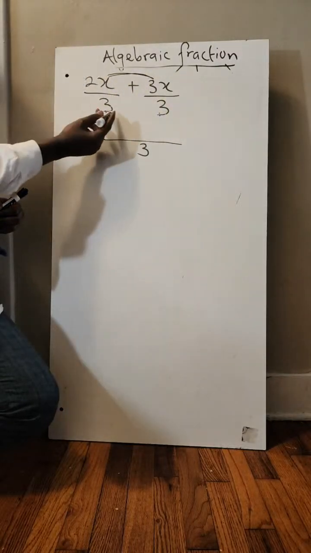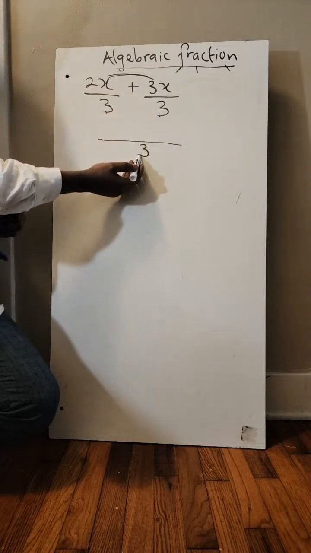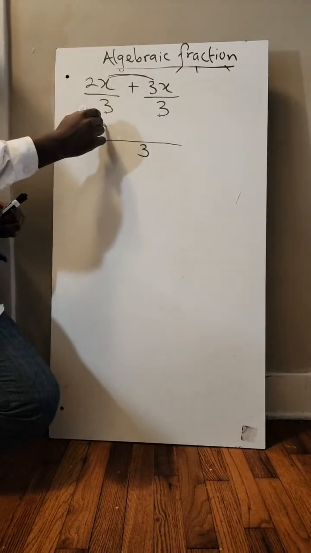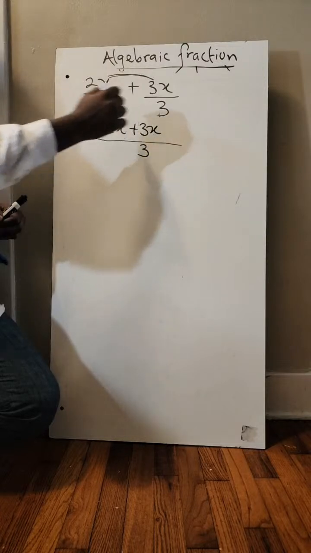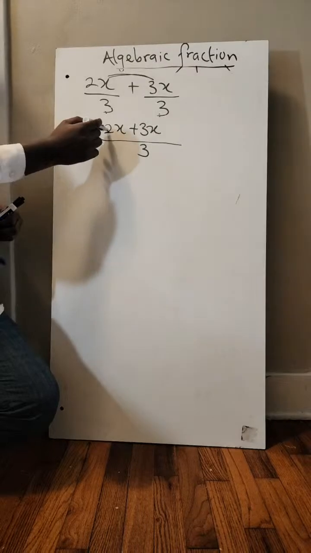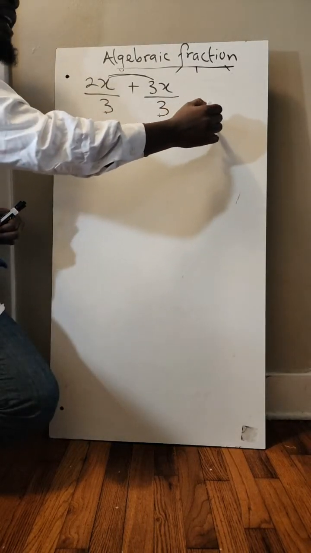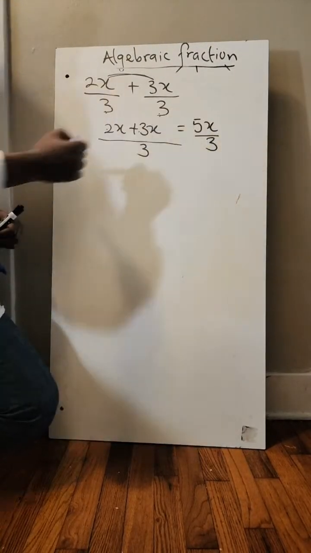So when you have two fractions with the same denominator, what you just have to do is write down the denominator and add up the numbers at the top. So here we have 2x plus 3x, which gives you 5x divided by 3.